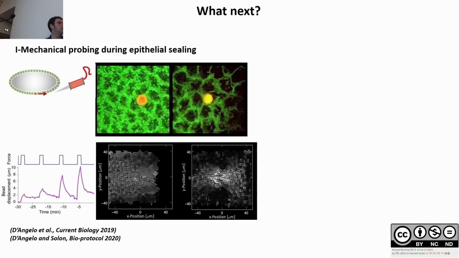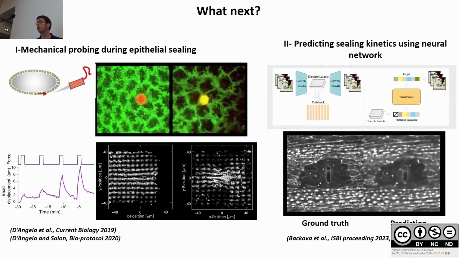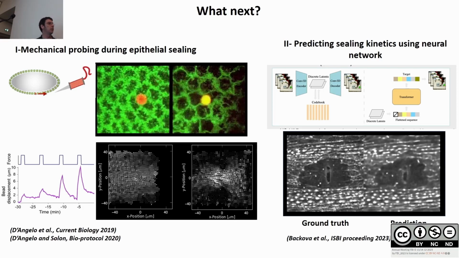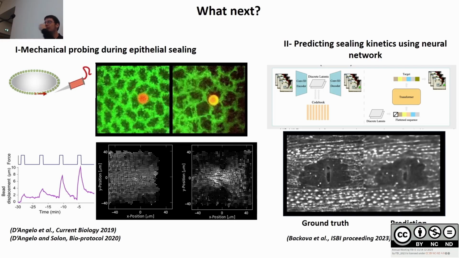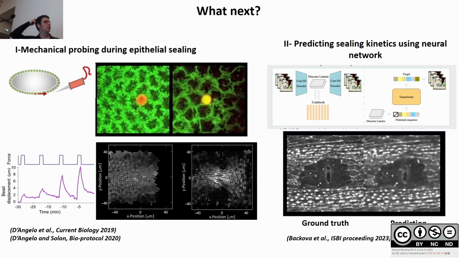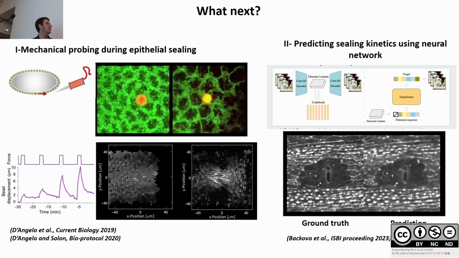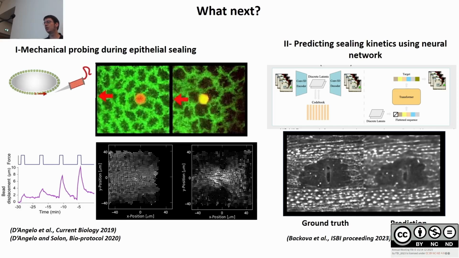And another aspect that is important, I don't know if it transpired from the talk, is modeling. And we are doing a lot of physical modeling. And this is just for fun. This is something that we did with Ignacio Arganda-Carreras, a collaborator, trying to model a wound healing process with a neural network. And we basically try to generate artificial data.